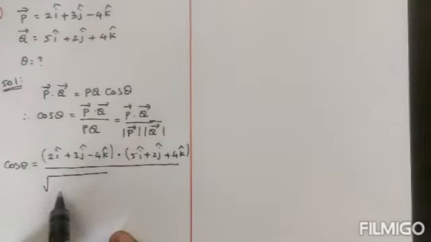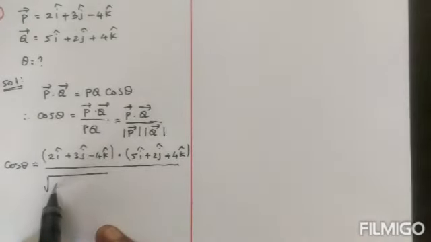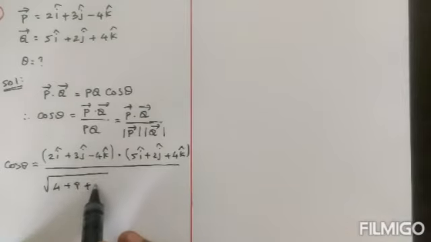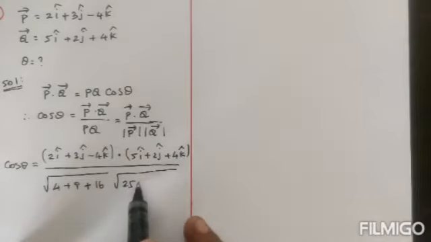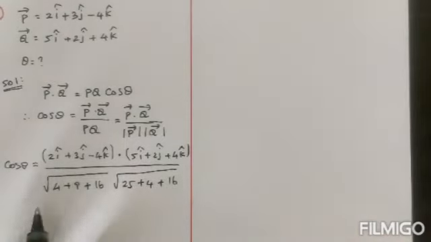Within the modulus, all values are added with plus. 2 squared is 4, 3 squared is 9, 4 squared is 16. Then for Q, 5 squared is 25, 2 squared is 4, 4 squared is 16.